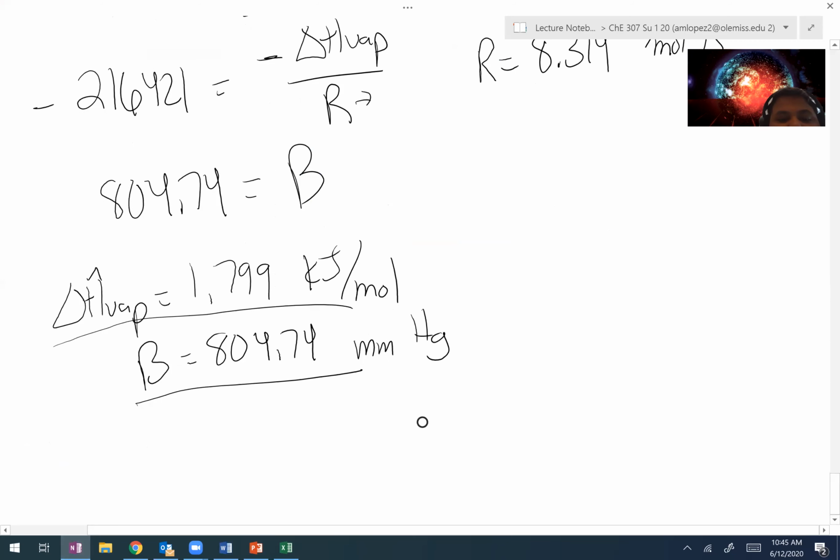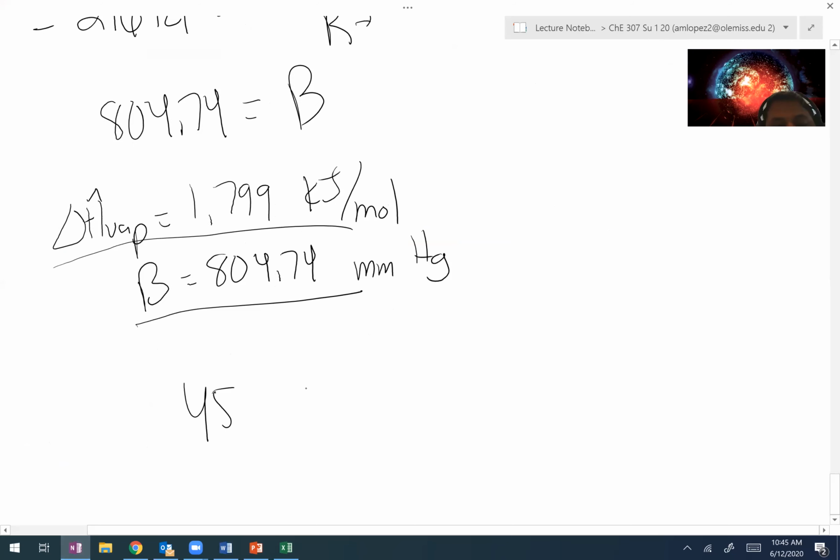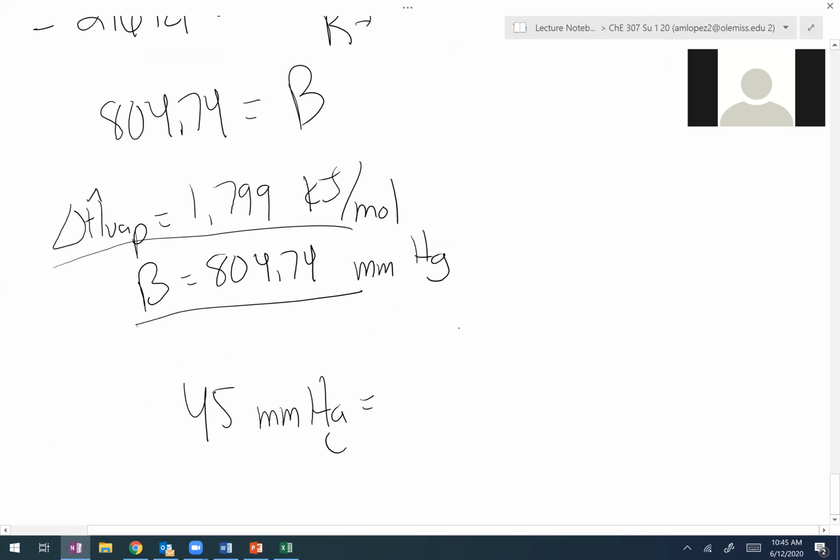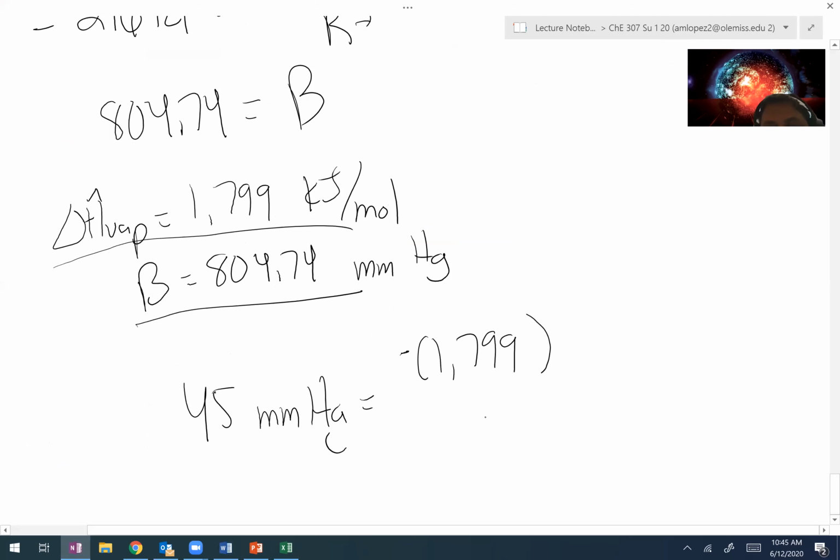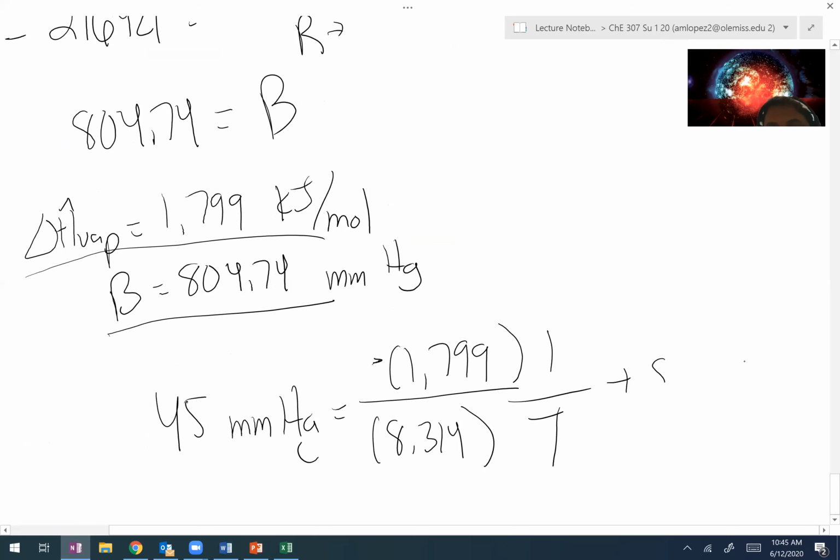So that means if Y is 45 millimeters of mercury, then I have negative 1799 over 8.314 times 1 over T plus 804.74 millimeters of mercury. So doing that math, we can see what we get.